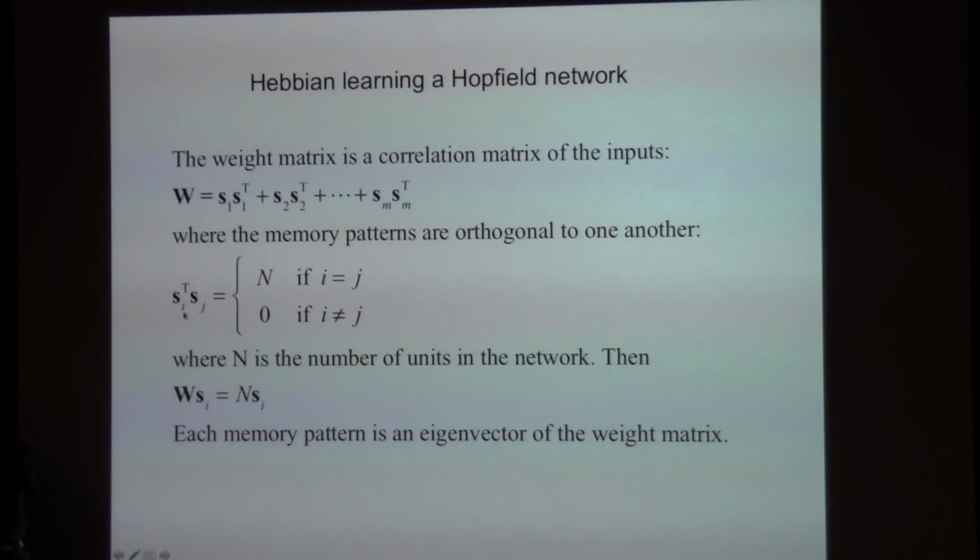So basically, for the inner product, if they're the same, it's equal to n. If they are not the same, it's almost equal to 0, almost orthogonal to each other. In that case, as I showed you earlier, if you multiply this weight by this state, it's proportional to the state itself. So in linear algebra, you would say that this state is an eigenvector of this weight matrix.